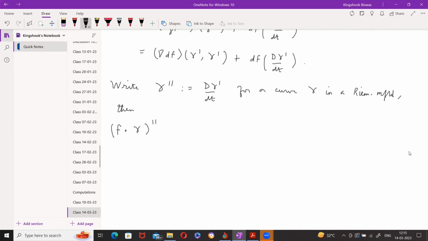This is equal to the second fundamental form nabla df applied to gamma prime comma gamma prime plus df applied to gamma double prime.